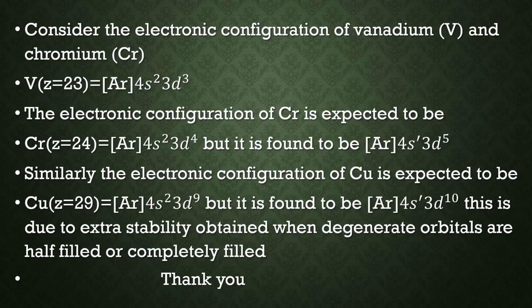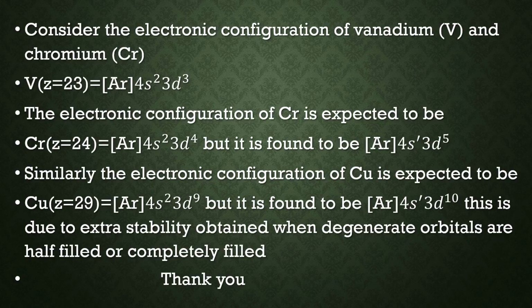Children, remember these two things: electronic configuration of chromium and electronic configuration of copper. There is a deviation in the electronic configuration from the remaining elements.